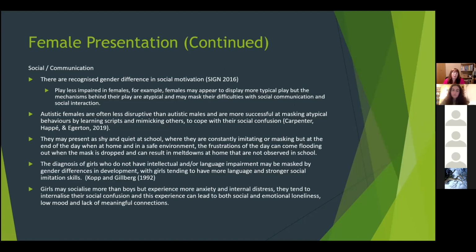But what ultimately can happen here, a little bit like what I was saying earlier about teachers maybe not noticing girls, is the pressure of masking all day can mean that you're managing outside in public environments, and then at home there can be meltdowns and things become really, really overwhelming. You are going to get these slides, so you can have a read through this yourself.